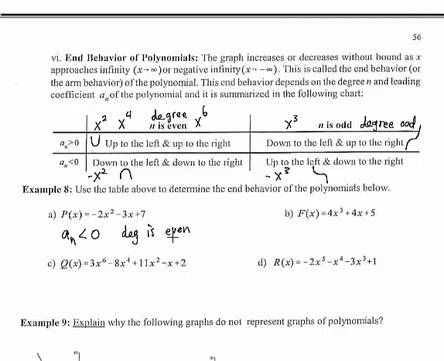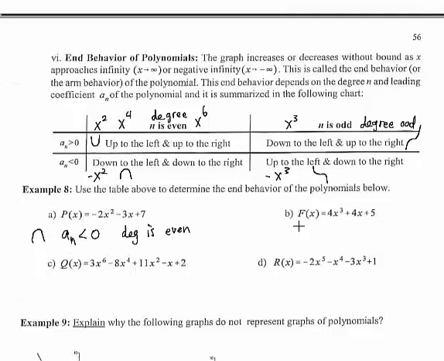So with even degree polynomials, the end behaviors are the same. Left and right go up, or left and right go down. Now whether they go up or down depends on the coefficient. In this case, the coefficient's negative, so it would be a lot like the parabola that opens up downward.